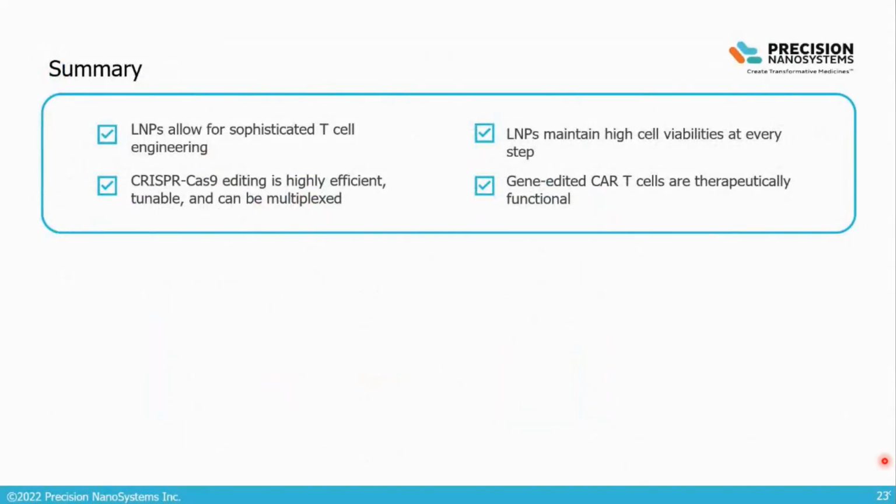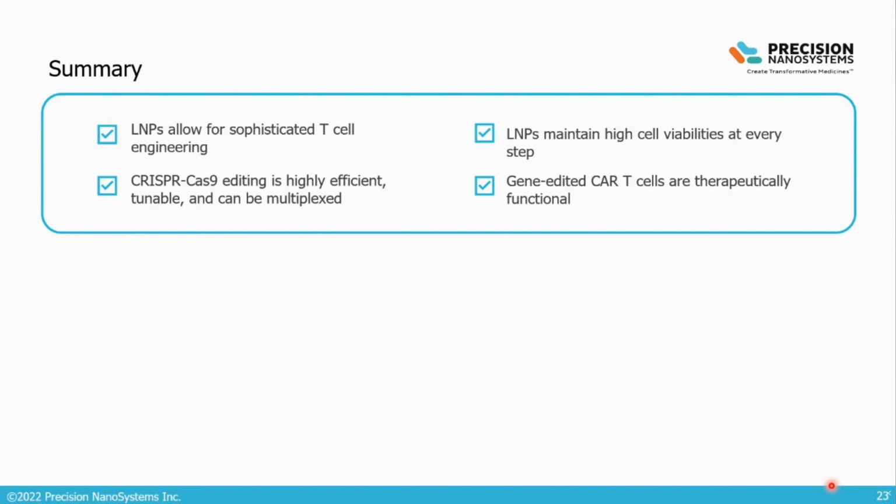Right, so in summary, this data set really showed the ability of LNPs to engineer CAR T cells. Through CRISPR-Cas9, we show highly efficient editing that is tunable and can be multiplexed with a change of the sequence. We maintain high cell viabilities at every step, and these gene-edited CAR T cells are therapeutically highly functional.